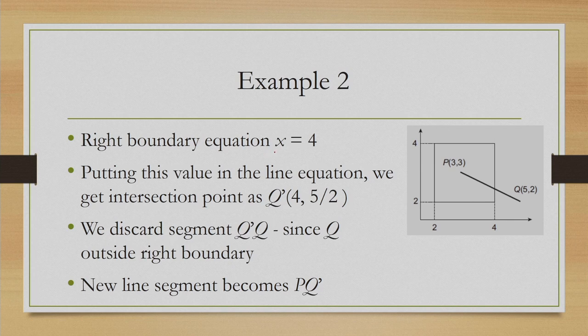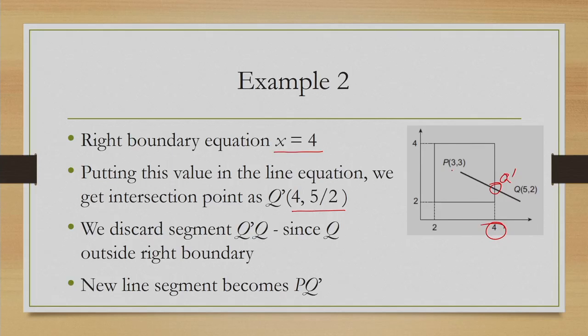Now, right boundary line equation is x equal to 4, as you can see here, and we put this value in the line equation to get the intersection point at (4, 5/2). This is the intersection point. Now, as you can see, let us call this Q dash.